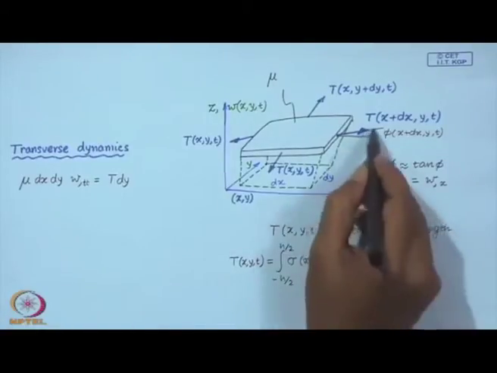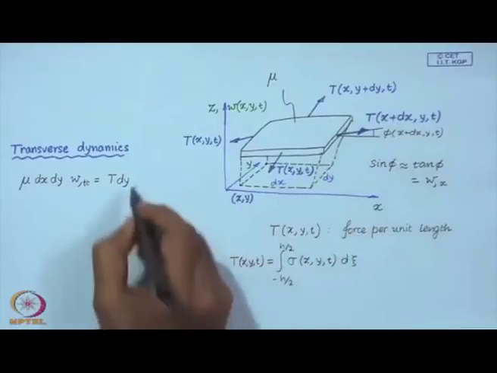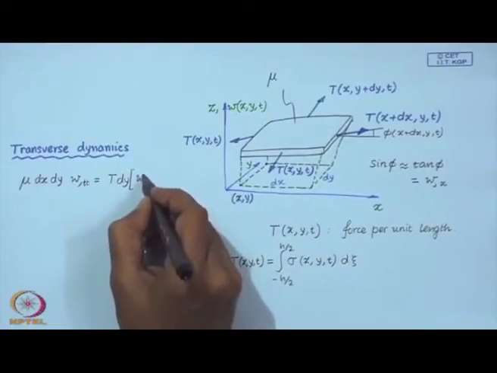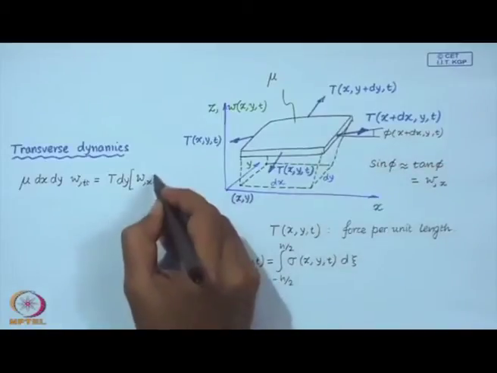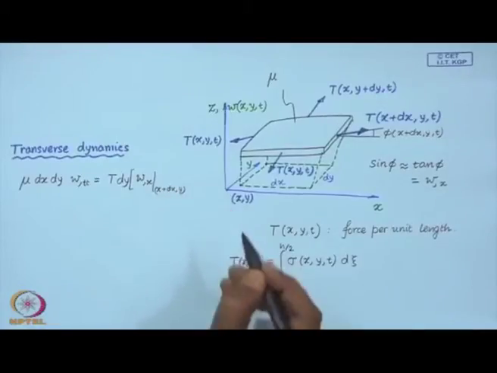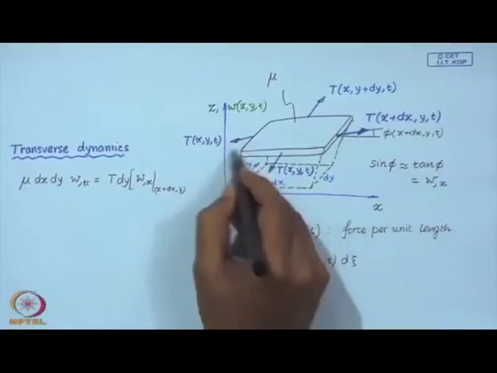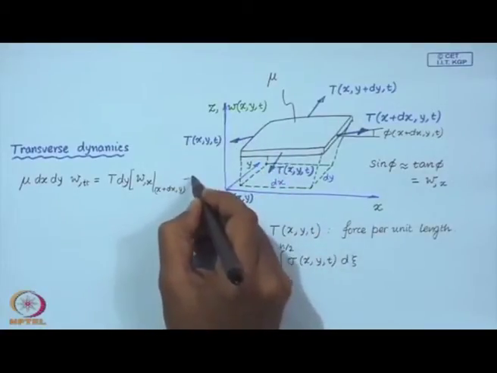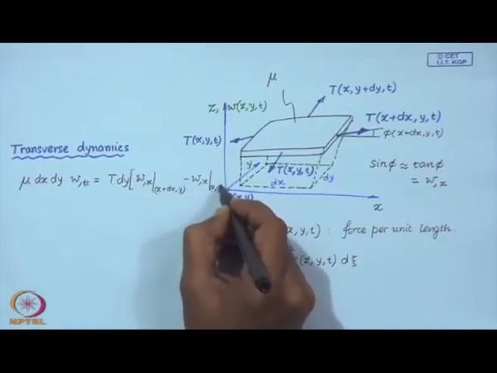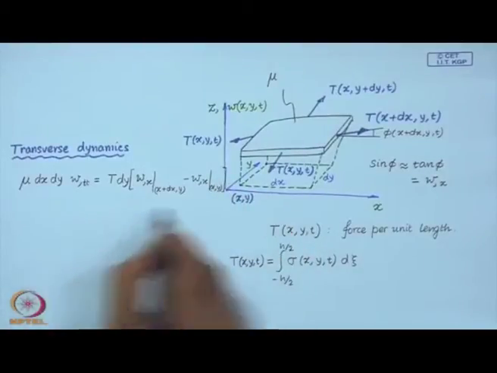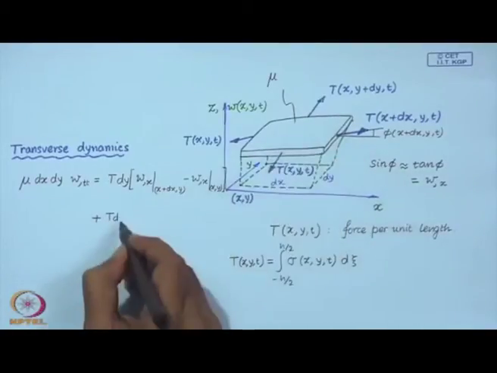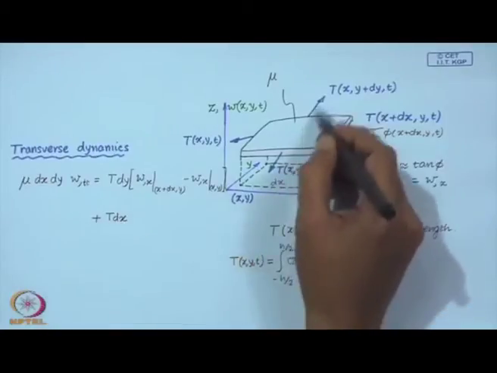So, to find out the transverse force because of this, I will use del w del x at x plus dx and y, and of course, at time t, and on this side it would be del w del x at x y, and similarly from these two edges. So, this T dx is the force.